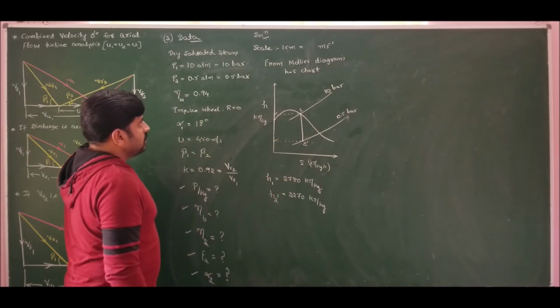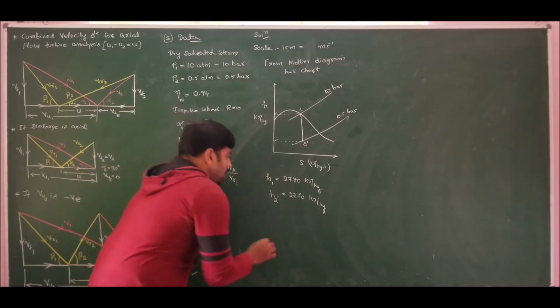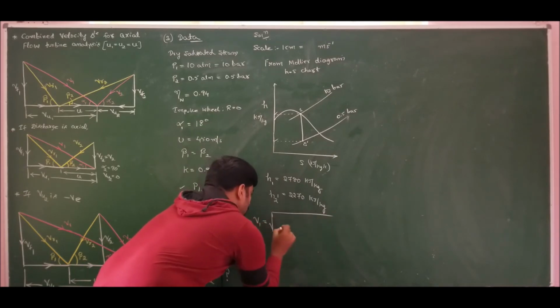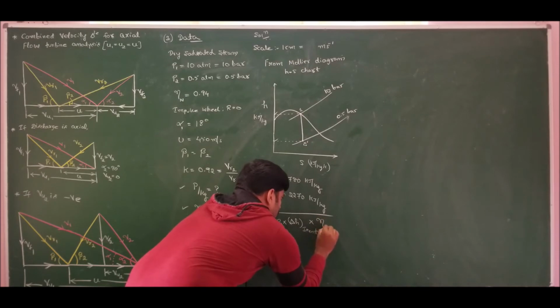Now from the steady state steady flow equation for the nozzle, we already know V1 is given by square root of 2 into isentropic enthalpy difference into nozzle efficiency into gc.